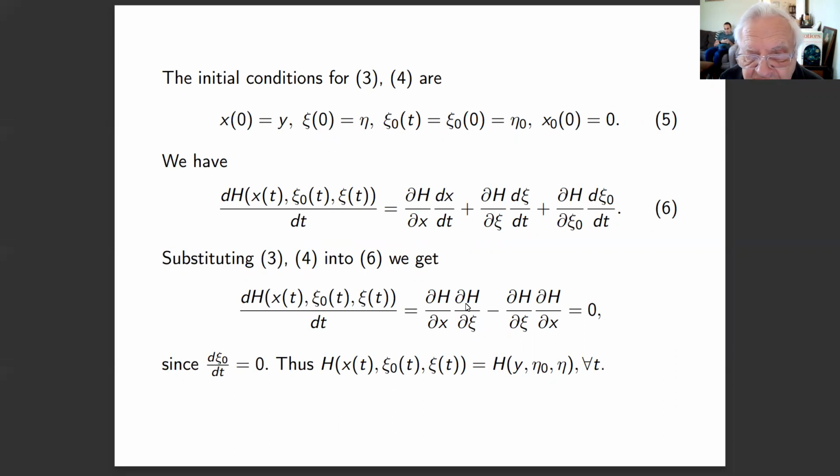Now, this is a well-known computation that the full derivative of H in t is equal to 0. So H of x(t), x0(t), xi(t) equals H at the initial points, H of y, 0, eta.